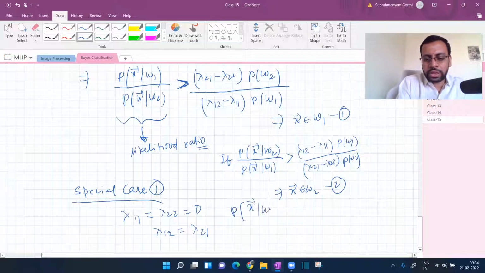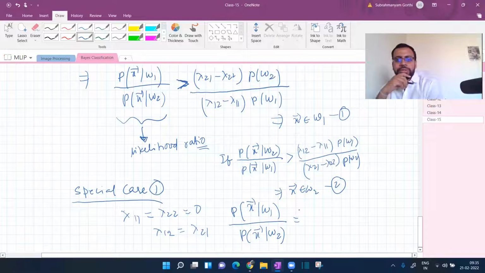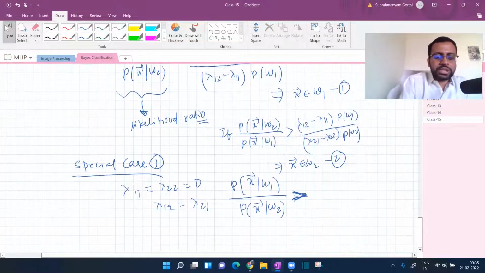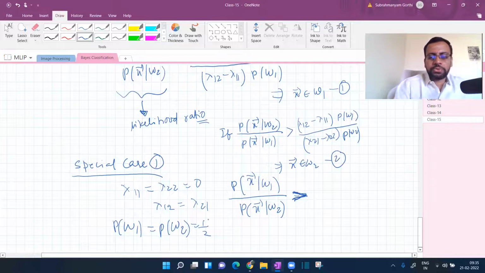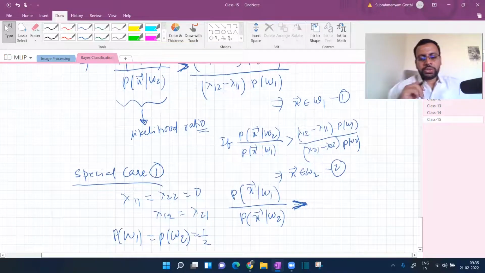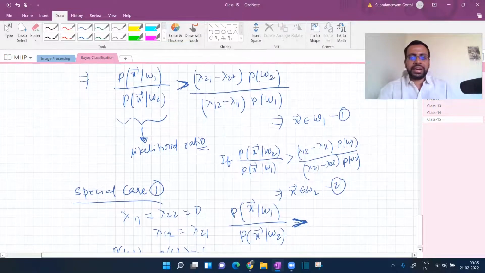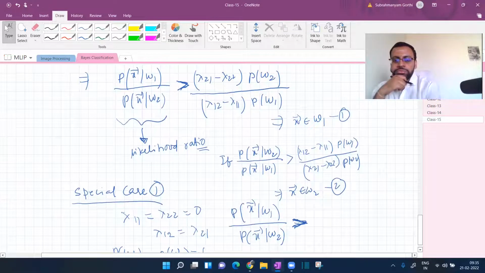Now let's compute this one: P of X bar given omega 1 over P of X bar given omega 2. What is its value now with this? Maybe I will make one more assumption also here: probability of omega 1 equal to probability of omega 2 equal to 1 by 2, of course. So now you tell me what would be the right-hand side of that. 1.